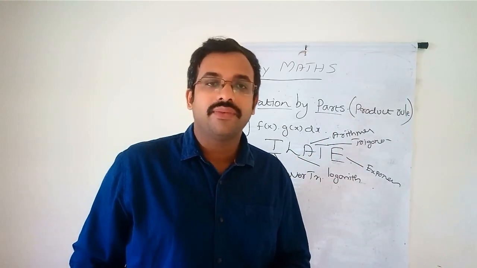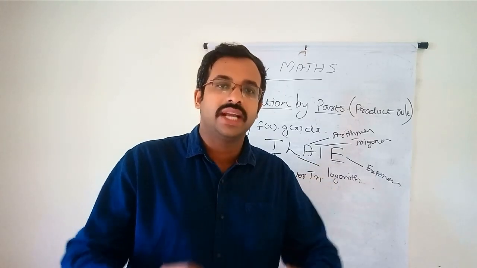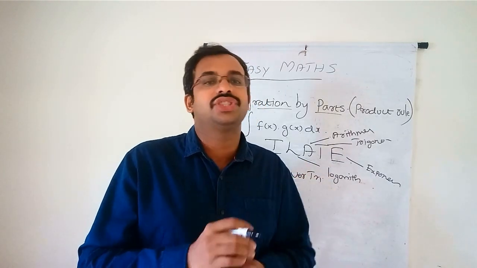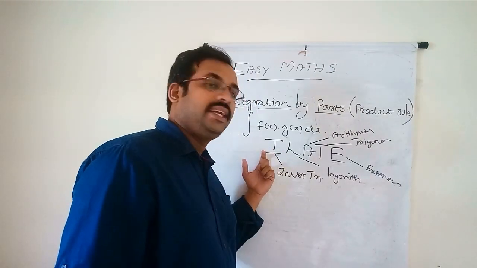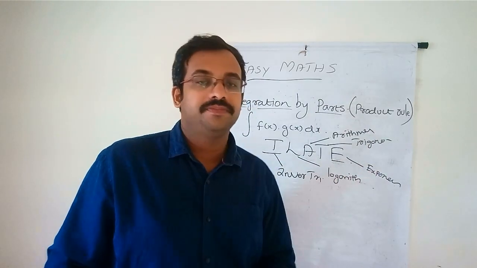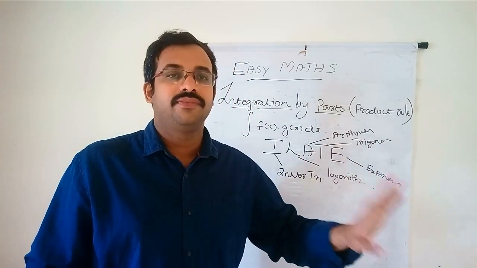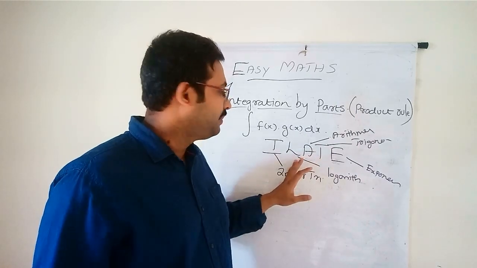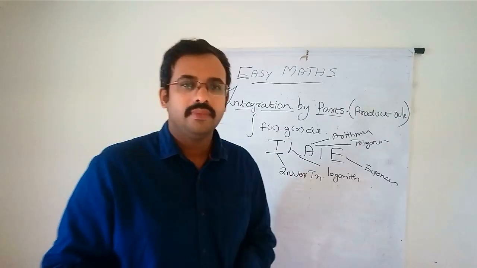If an inverse trigonometric function and a logarithmic function come together, we select the inverse trigonometric function as the first function. So inverse trigonometry comes first, then logarithmic, arithmetic, trigonometry, and exponential.